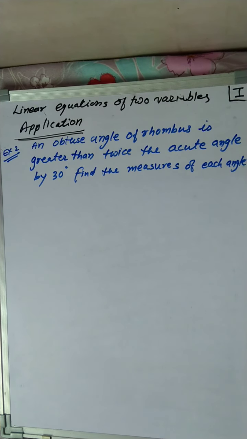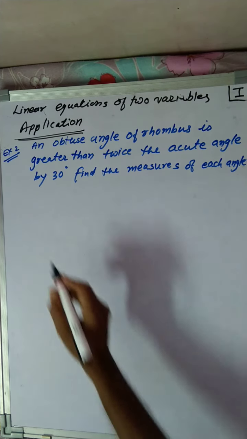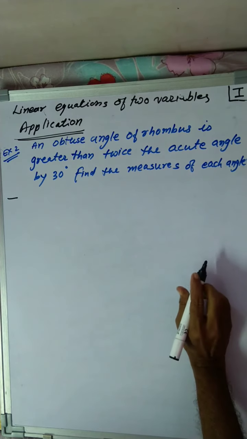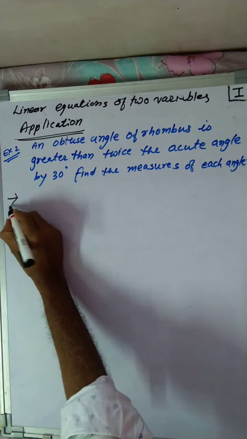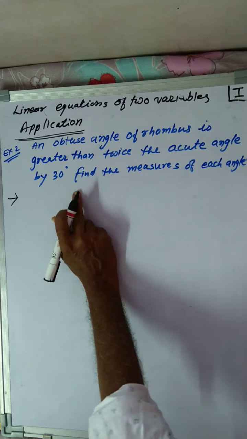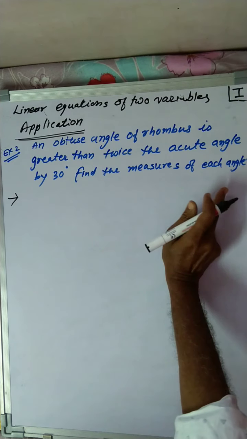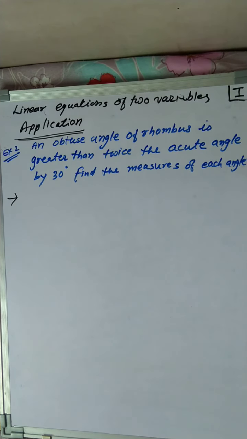Students, here I take another example. The example is: an obtuse angle of a rhombus is greater than twice the acute angle by 30 degrees. Find the measure of each angle of the rhombus.